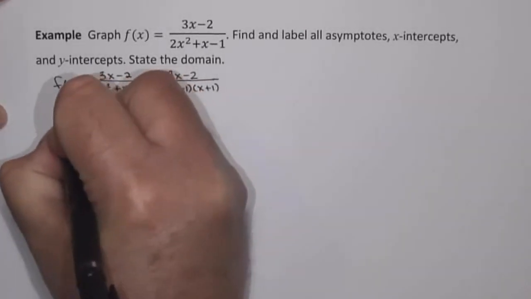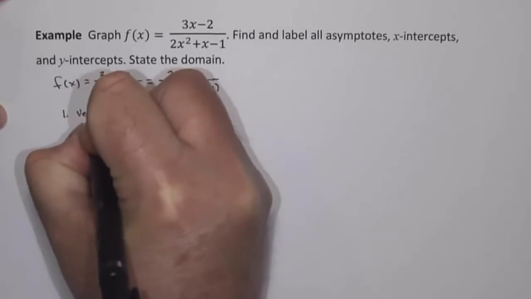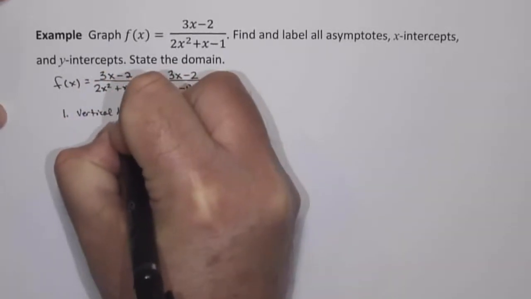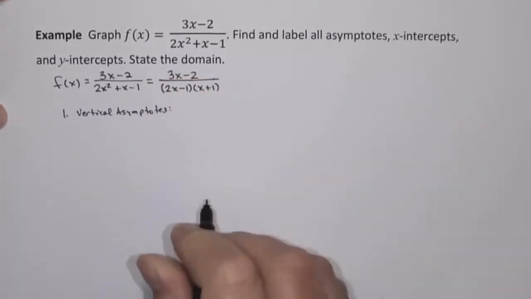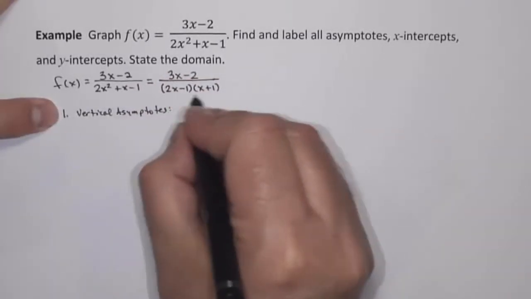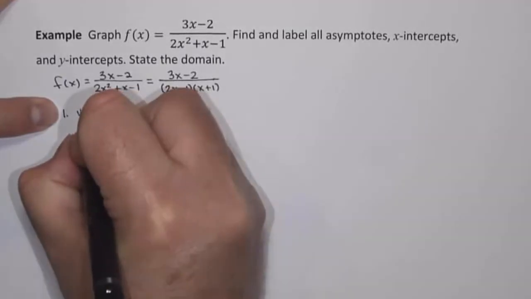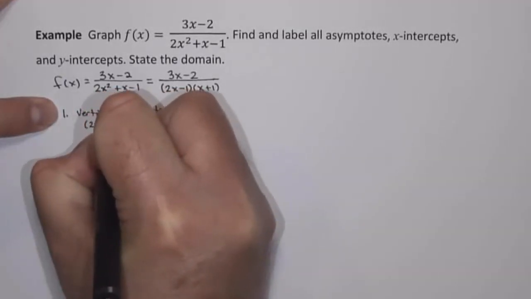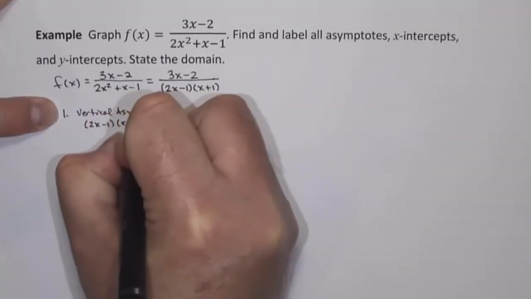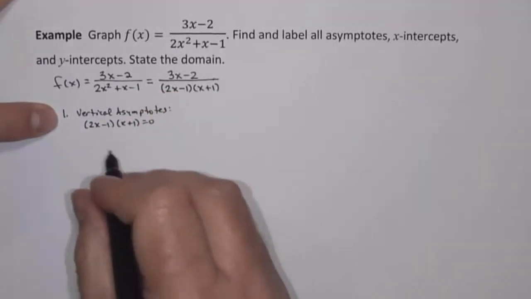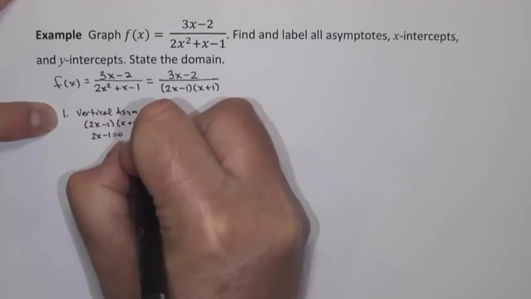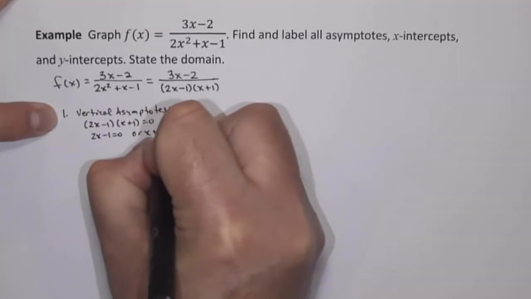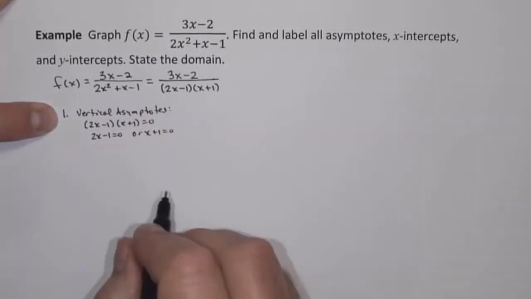Now, we can use this to find vertical asymptotes. So the vertical asymptotes are going to be where the denominator equals 0. So 2x minus 1 times x plus 1 equals 0. And if I solve that, then 2x minus 1 equals 0, or x plus 1 equals 0 by the zero product principle.